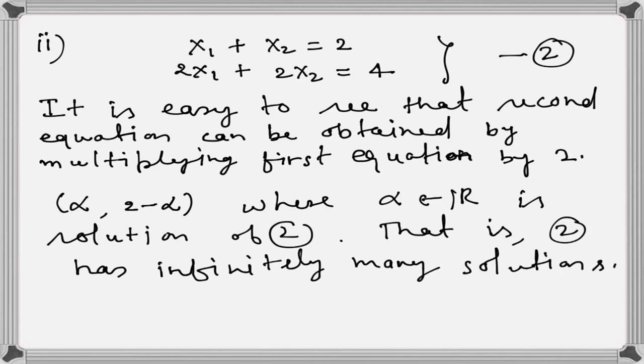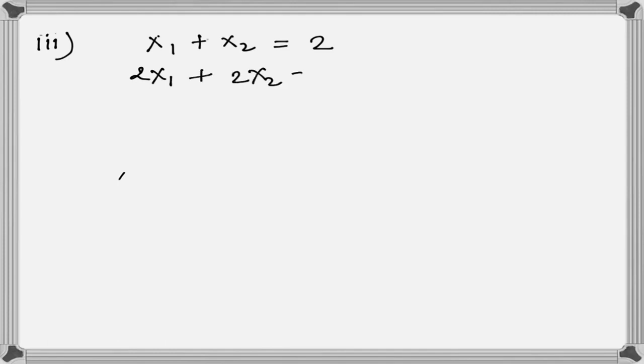Okay, so let's consider another example. x1 + x2 = 2, 2x1 + 2x2 = 3. So this system of equations has no solution.